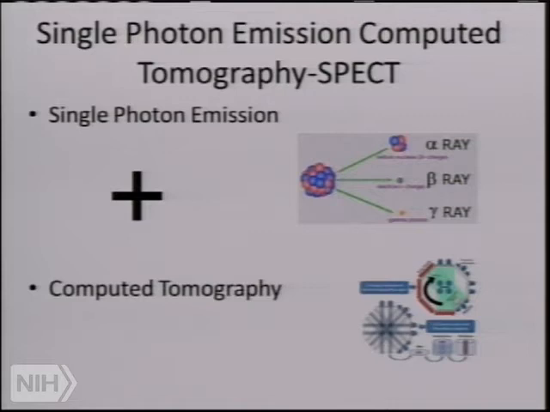When the nucleus of an atom starts to break down, it can release alpha rays or alpha particles, which are basically helium nuclei. It can release beta rays or electrons, or, as we'll talk about in a second, positrons, which are positively charged electrons, antimatter, or gamma rays. And so what we're going to talk about here is gamma rays, fairly high energy, released from particular isotopes.